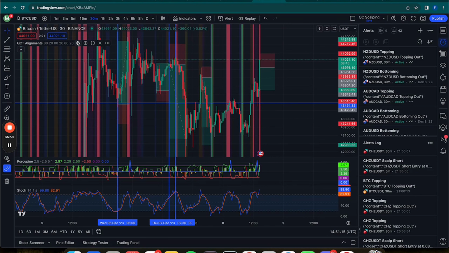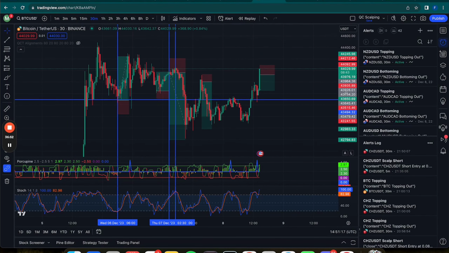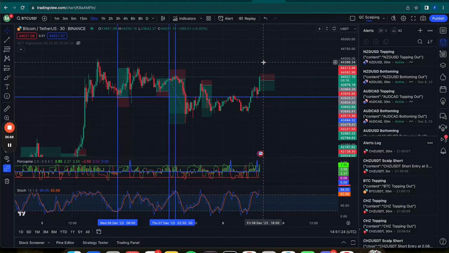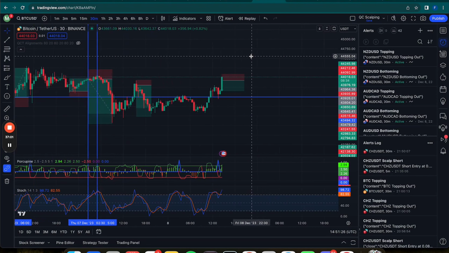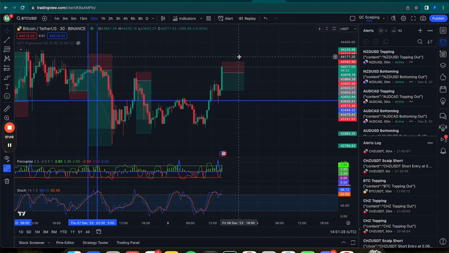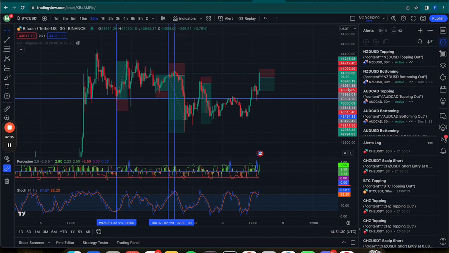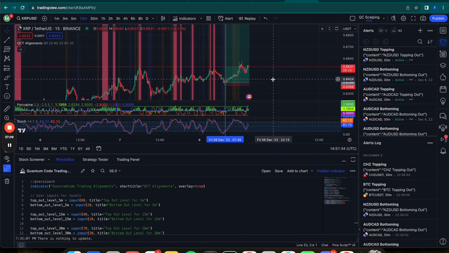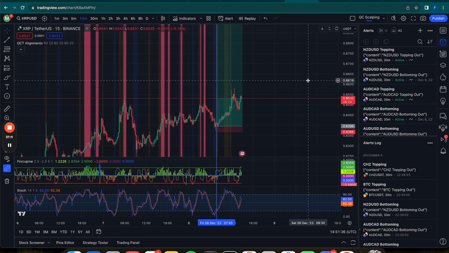I can probably put this away so it's easier to see. But yeah, we're going back to this range. Bouncing further down makes sense, but still a more risky situation. So that's that. XRP is going fine here.